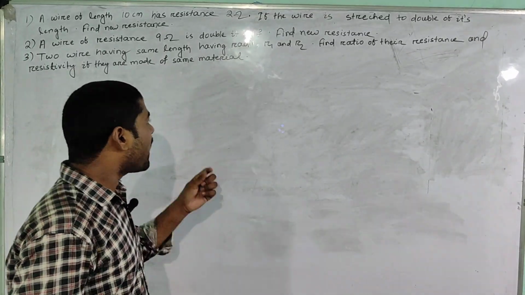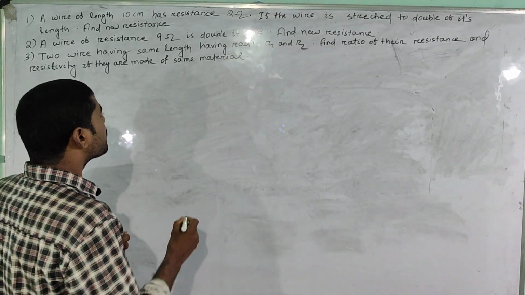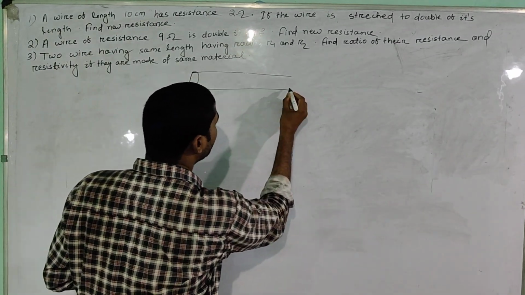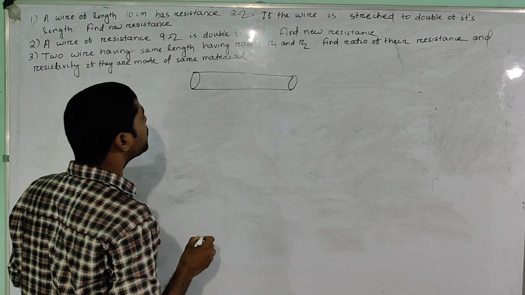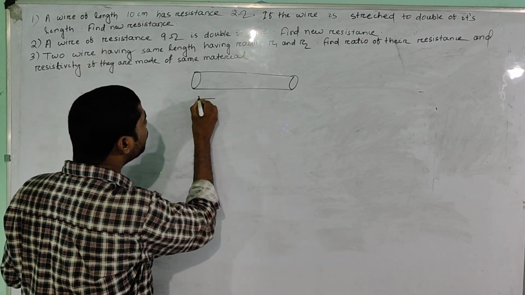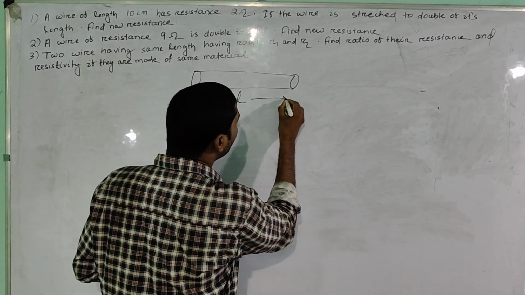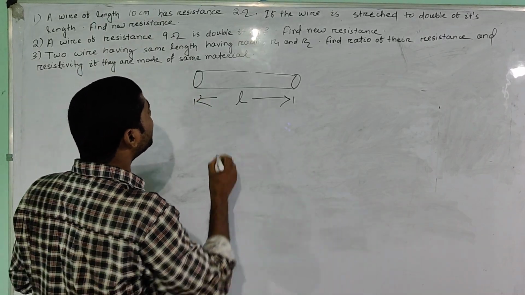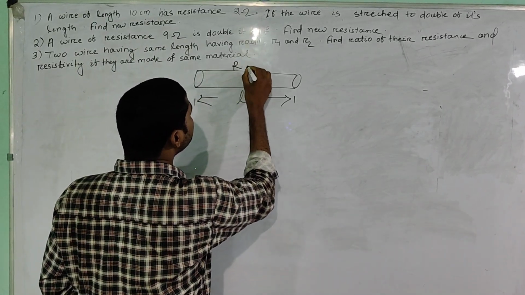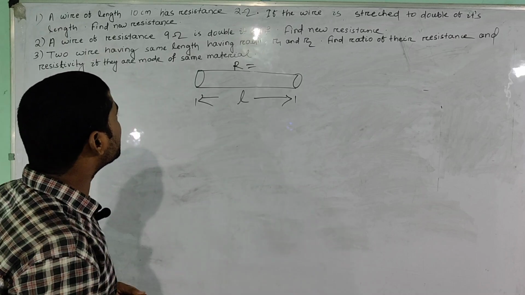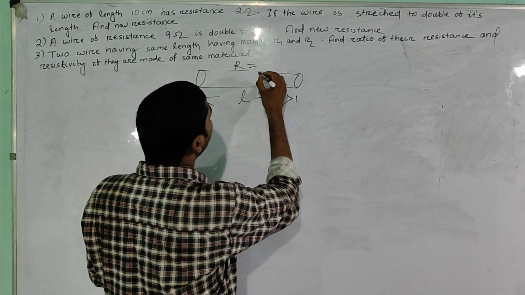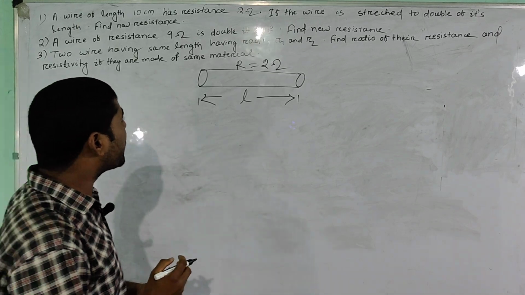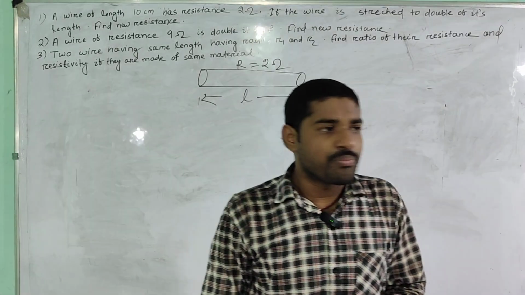Okay, so according to the question, given a wire, suppose the length of this wire is L, and the resistance of this wire is 2 ohm.